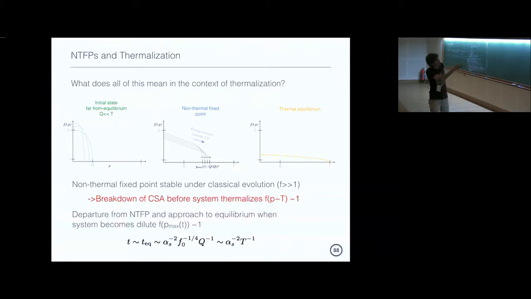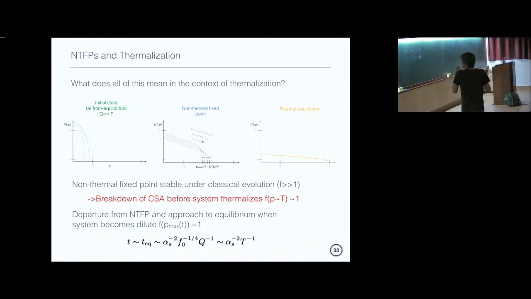Of course, as this cascade runs out, the phase space occupancy drops, and at some point this is no longer warranted, the occupancies get small. And that generically happens before the system thermalizes.